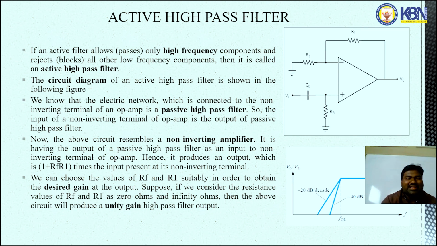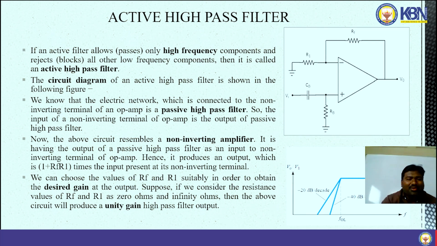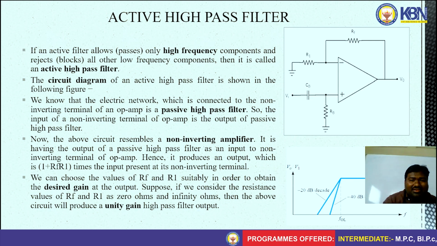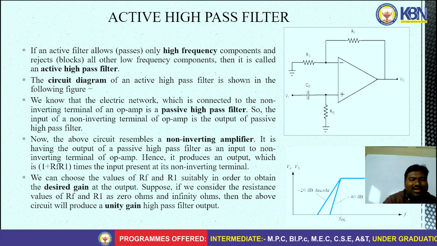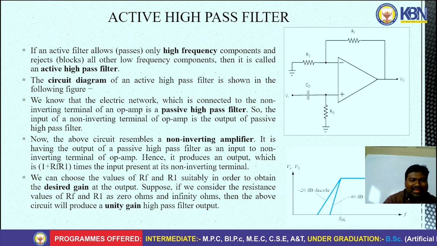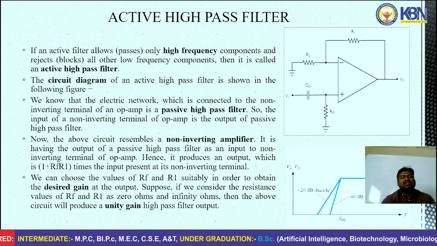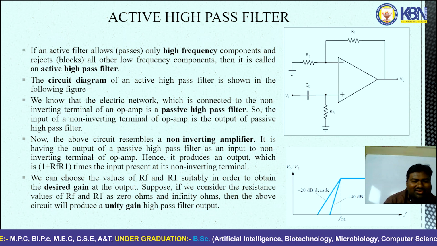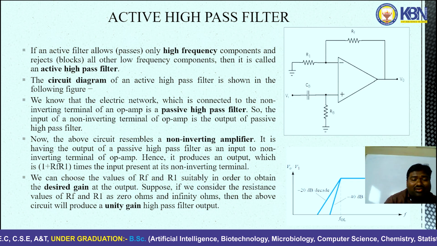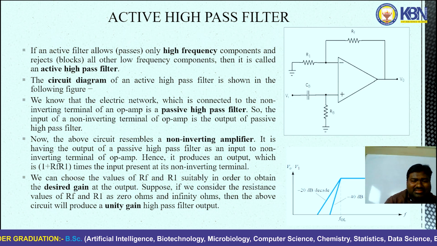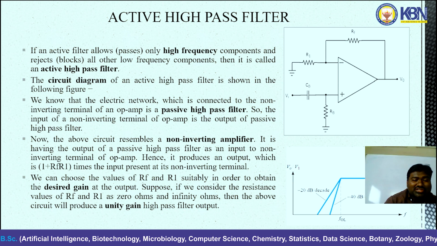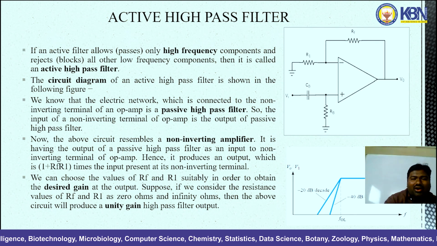Hence it produces an output with the operational amplifier gain of 1 plus Rf by R1, the input being present at the non-inverting input terminal as shown in the figure. We can choose the values of Rf and R1 suitably in order to obtain the desired gain of the output. Suppose we consider the resistance values of Rf and R1 as 0 ohms and infinity ohms, then the circuit will produce a unity gain high pass filter output.